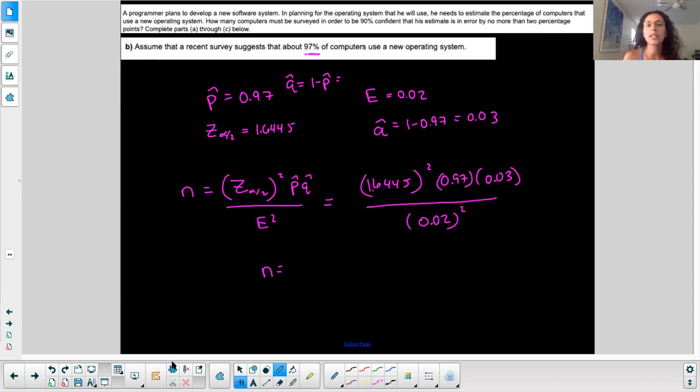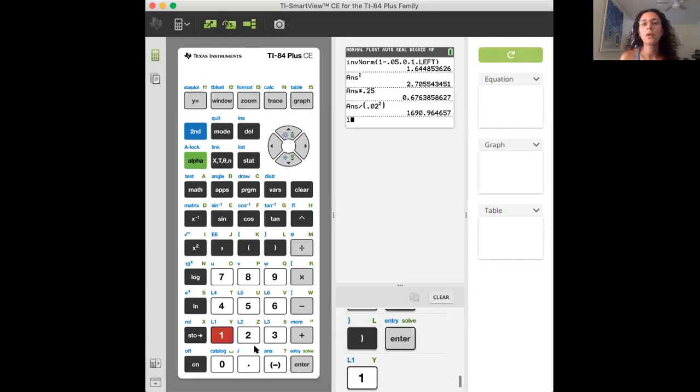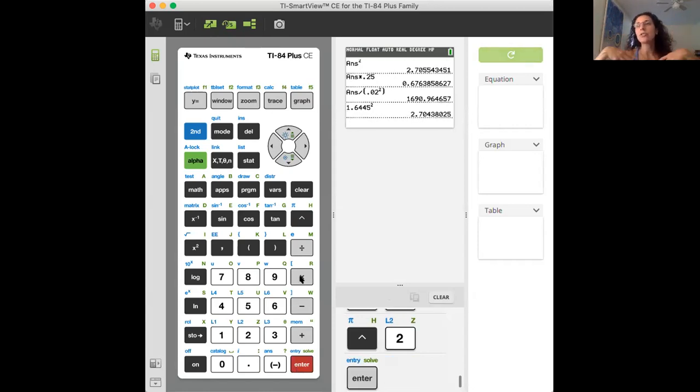So here, let's plug this into my calculator. I have 1.6445 squared. You can input it all directly if you want. I do it in steps because order of operations matters, so be careful how you input it. If you're going to put it all in one shot, parentheses and that kind of stuff is important.